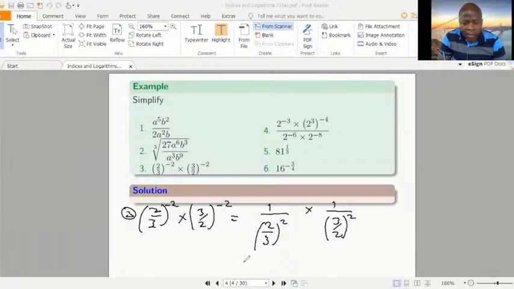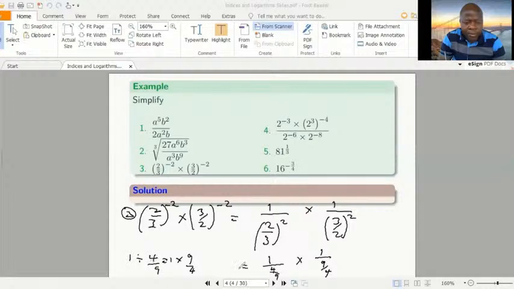So that means what I have here is 1 out of 4 out of 9. And this one is 1 out of 9 out of 4. And you know how to divide this. What I have there is 1 divided by 4 out of 9. And we know what to do here: we change this division to multiplication and change this to its reciprocal.